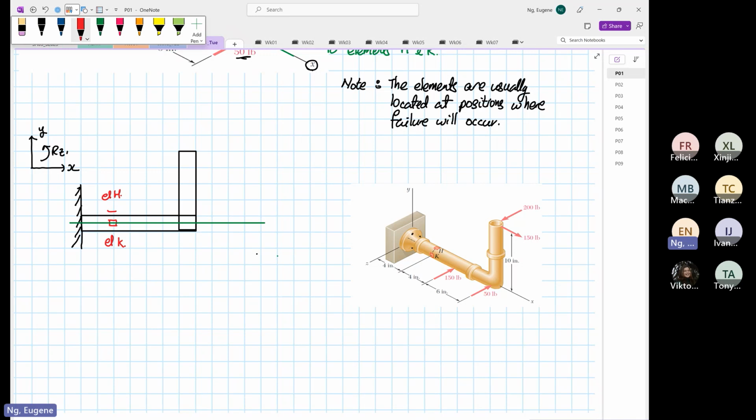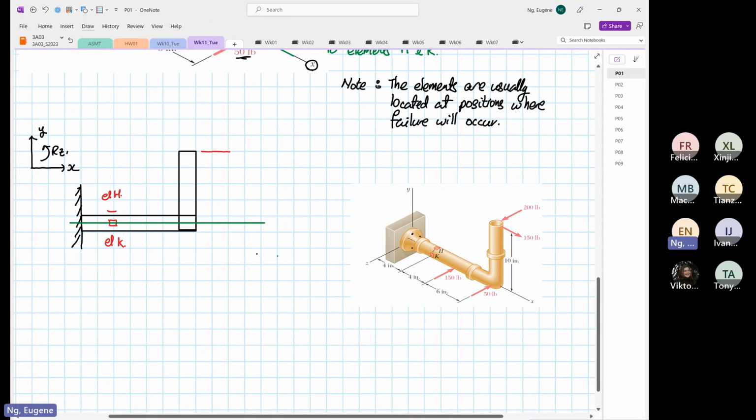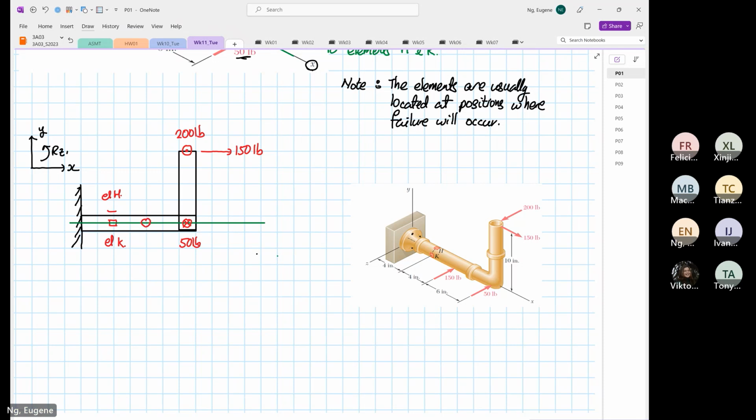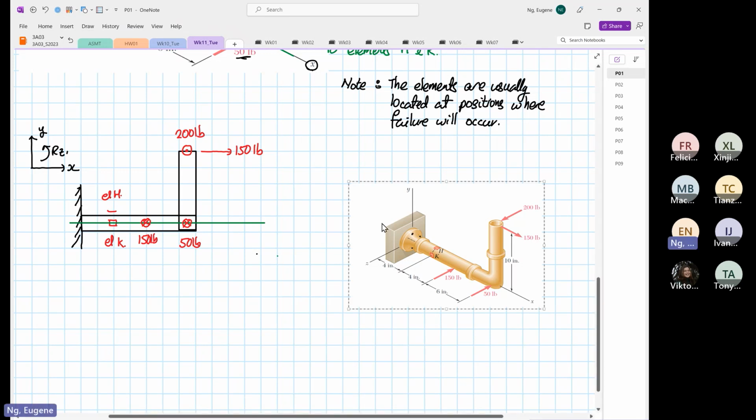We have 150 acting over here, and then a 200 coming towards us, and then 50 going away from us, and then a 150 going away from us. So you can more or less visualize this.